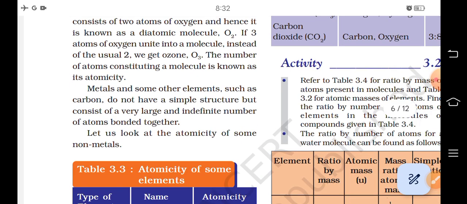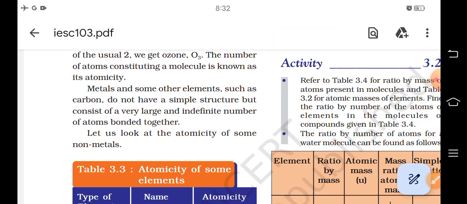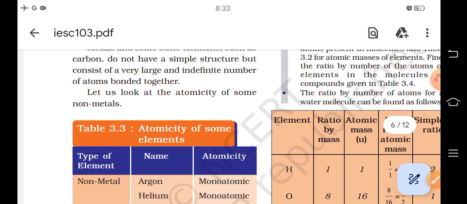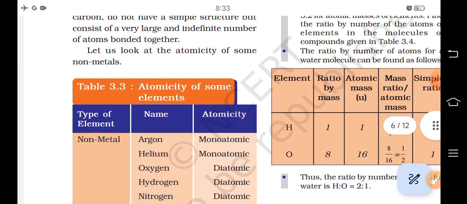Metals and some other elements such as carbon do not have a simple structure but consist of a very large and indefinite number of atoms bonded together. Let us look at the atomicity of some non-metals.